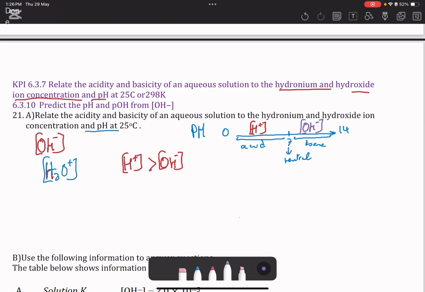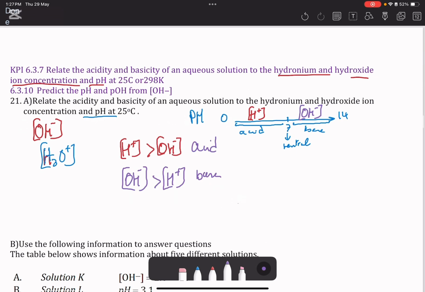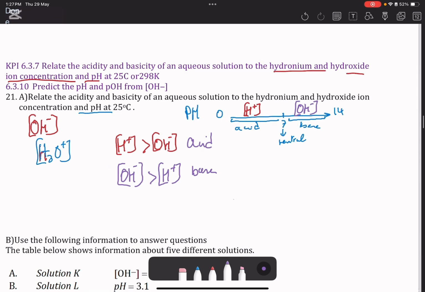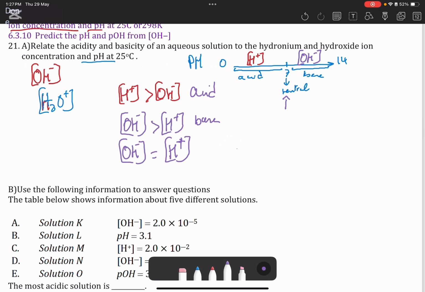So in base, OH minus will be dominating the H plus. So that's how I think about it. Now, if I have a pH that is equal to 7, at that point, these ions are equal. I can simplify it like that.